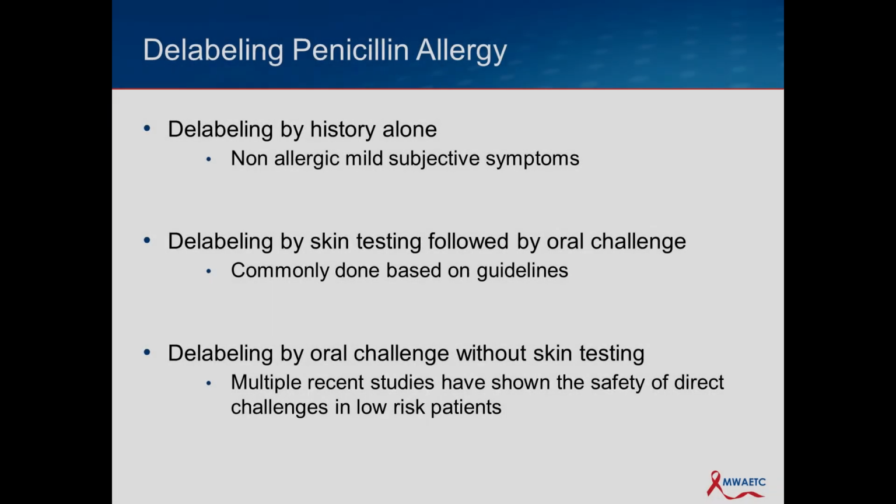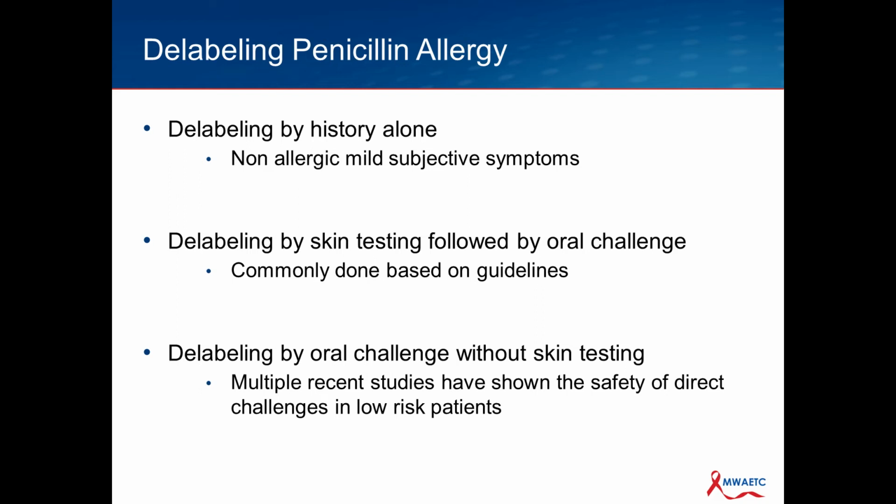One of the important goals of drug allergy evaluation is delabeling, to aid the use of first-line antibiotics and to prevent side effects related to second-line agents. Hence, I would like to look at delabeling in 3 different ways. 1, delabeling just by history. It's all our responsibility to ask what exactly happened initially with the patient.